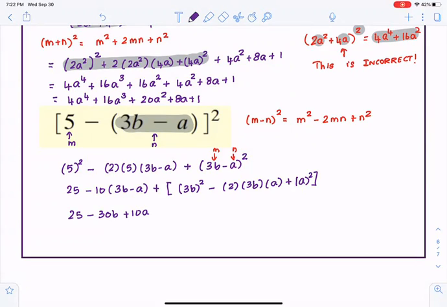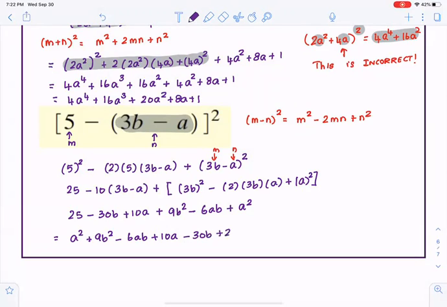All I have is a positive sign, so I can distribute that positive 1. So I have plus 3b squared minus 6ab plus a squared. Sorry, that's 9b squared. It's bad algebra. So 9b squared. So the answer is a squared plus 9b squared minus 6ab plus 10a minus 30b plus 25.